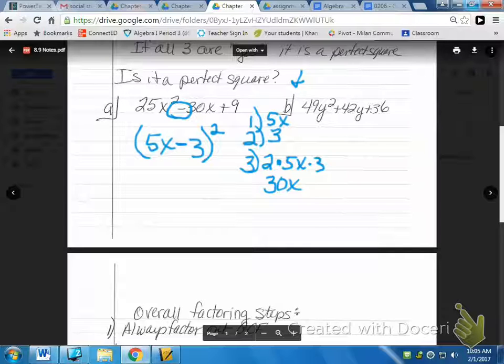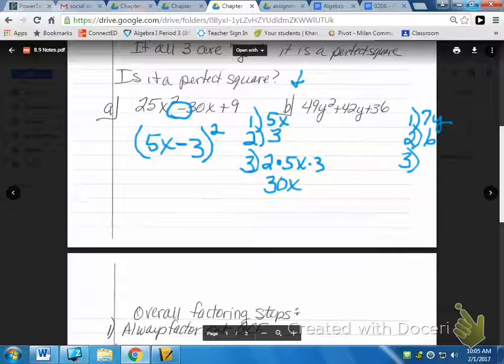All right, let's look at example B. Question 1. Is 49y squared a perfect square? Yes. What is its square root? 7y. Okay? Question 2. Is 36 a perfect square? Yes. What is its square root? 6. Question 3.